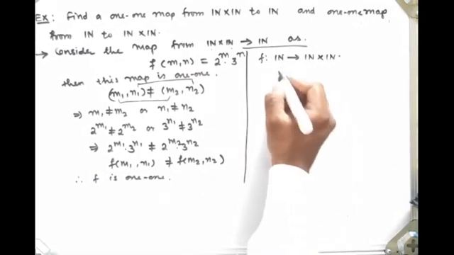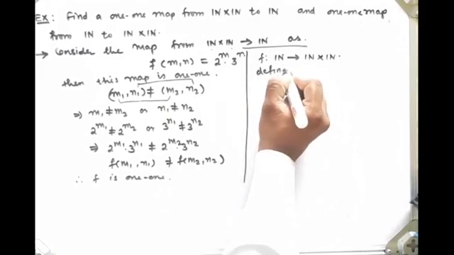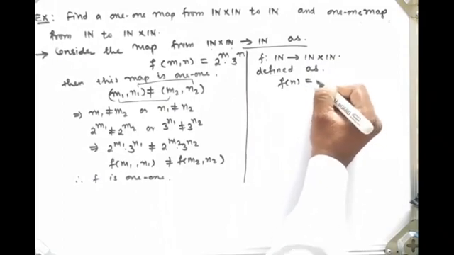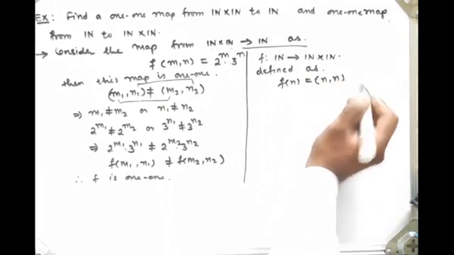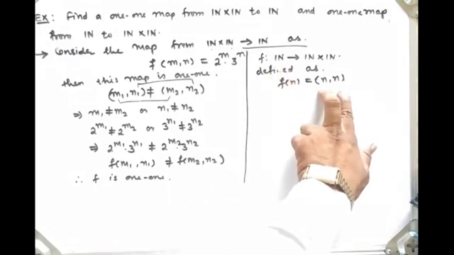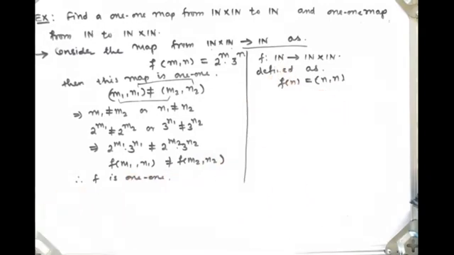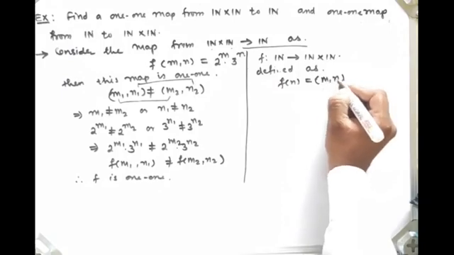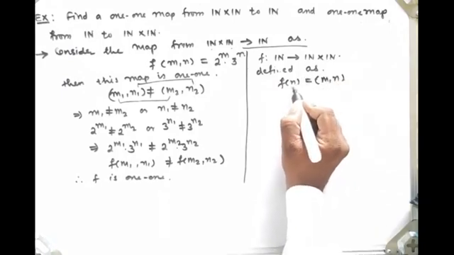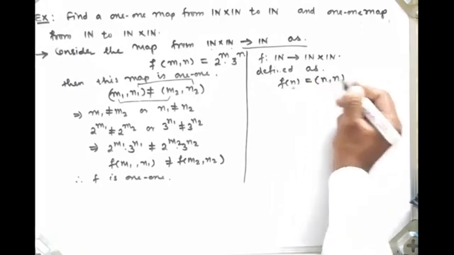So I will define f of n is equal to (n, n). So this is the domain, a single natural number, and this is an ordered pair, right? I will not write it as m and n because our domain is natural numbers. So the domain is single, so I will write here (n, n).